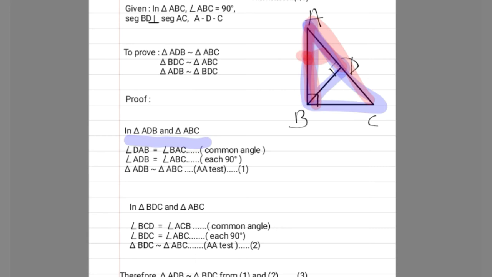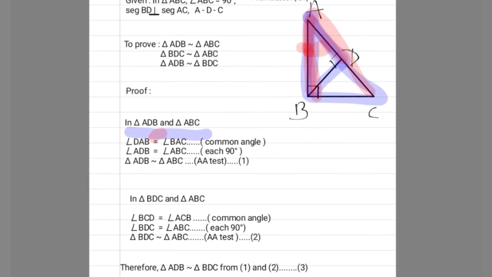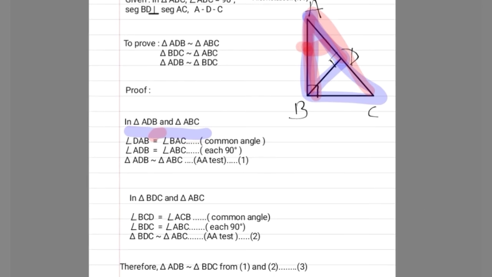So this is equal to this. This is a congruent angle, I just forgot to put that sign there. So these are the two congruent angles, right? And angle ABC and angle BDA, or ADB, are both 90 degrees, so they are congruent to each other.